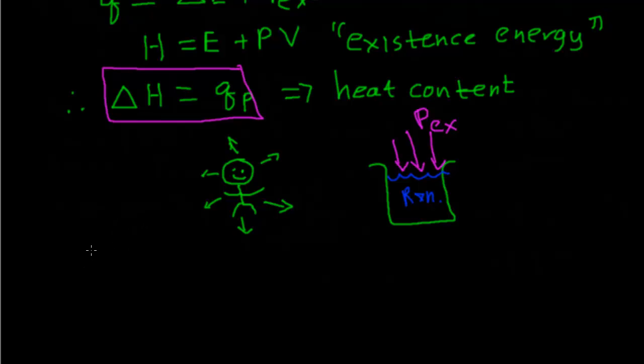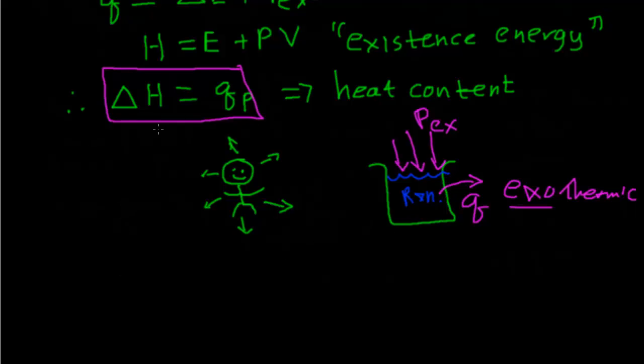We've already talked a little bit about how if a reaction generates heat, if the system, here our reaction, loses heat to the surroundings, then that Q is going to make this reaction what we call exothermic. Exo means coming out, so the heat is coming out.